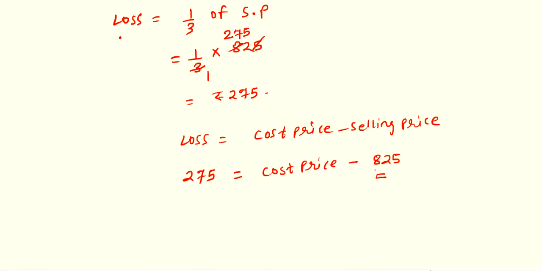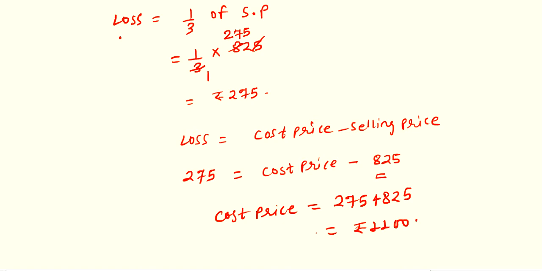Now transpose this 825 to the left hand side. So the required cost price equals 275 plus 825. So rupees 1100 is the required cost price.